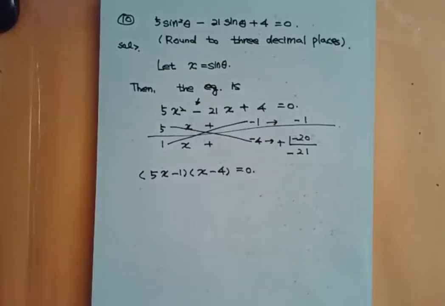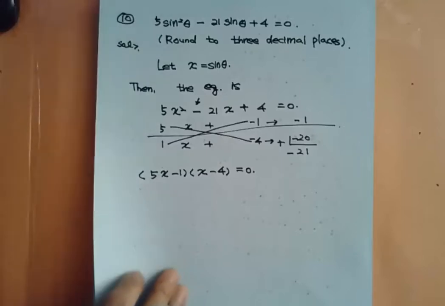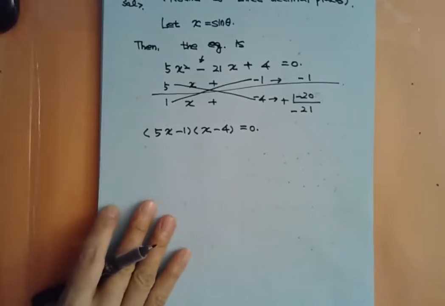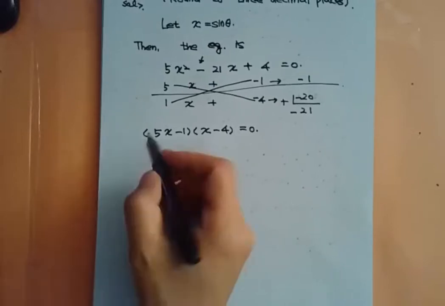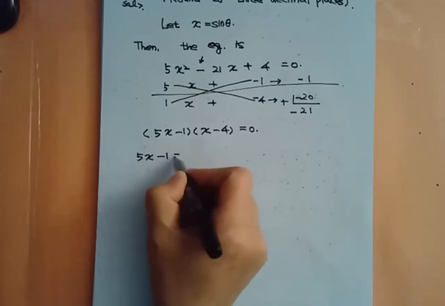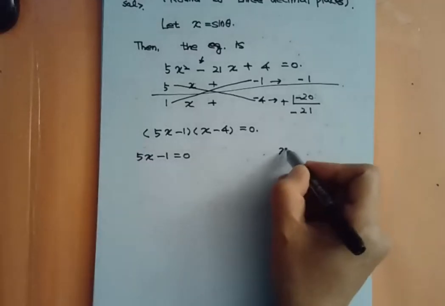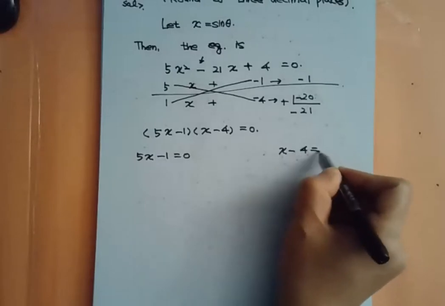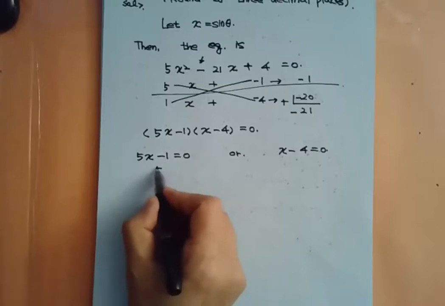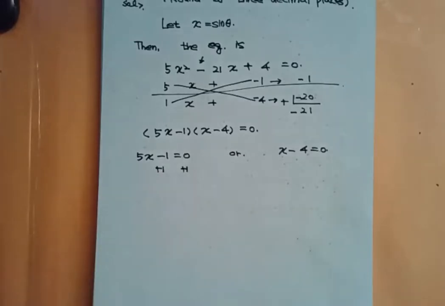As I've been saying, you can use any favorite method. So we have 2 solutions. One is 5x minus 1 equals 0, and the other is x minus 4 equals 0. So we add 1 on both sides.